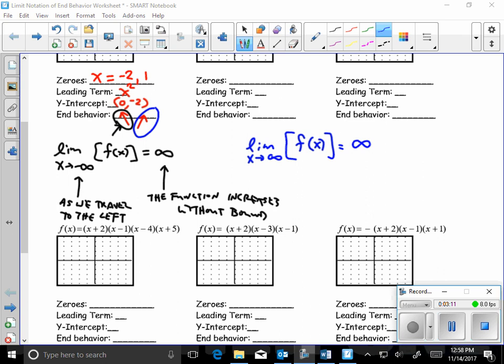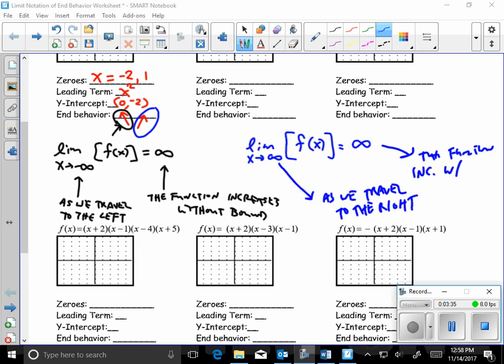So this right here is as we travel to the right, this right here tells us the function increases without bound again.